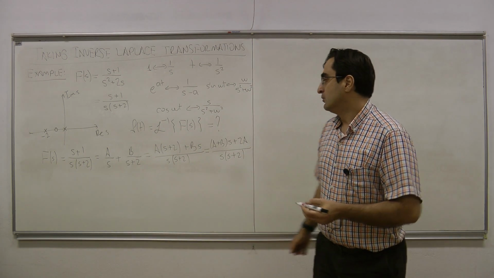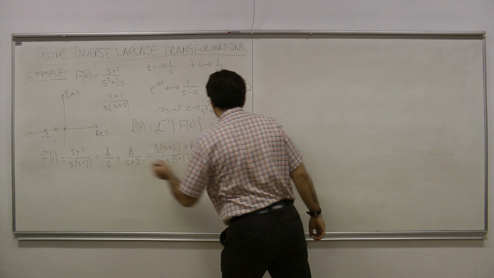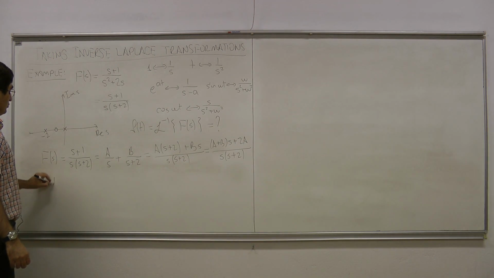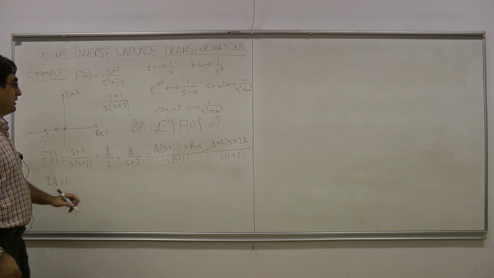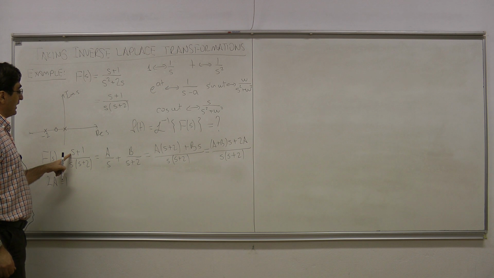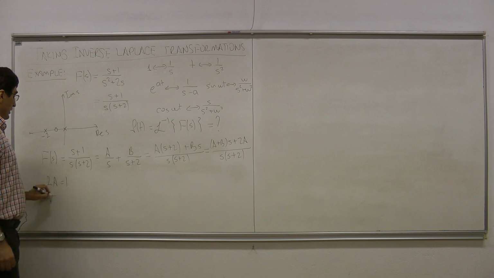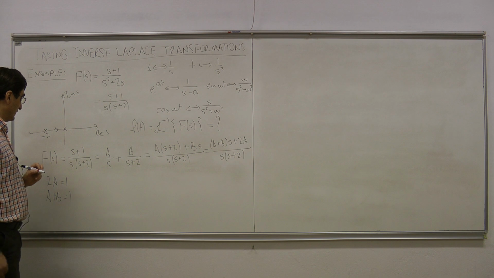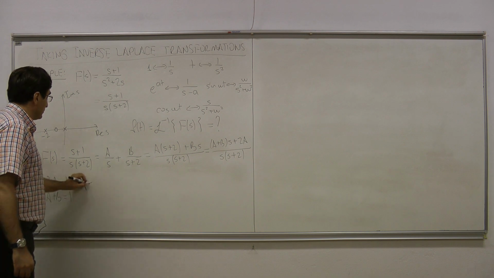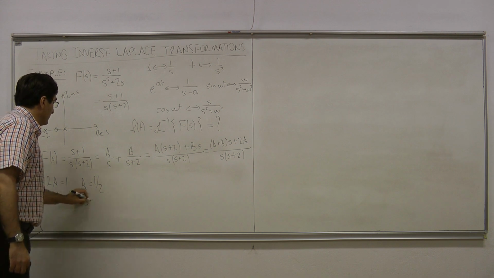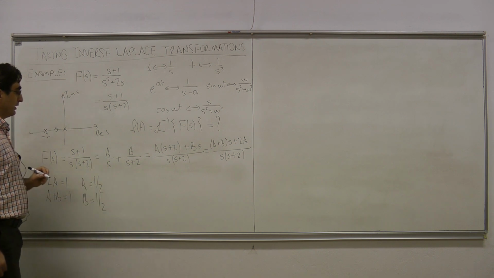So the coefficient of 1 here is just 2a. So I have 2a is equal to 1. And the coefficient of s here is a plus b, and the coefficient of s on the other side is 1. So a plus b is going to be 1 as well. If I solve these two equations for a and b, a is going to be 1 over 2, and b is going to be 1 over 2 as well.